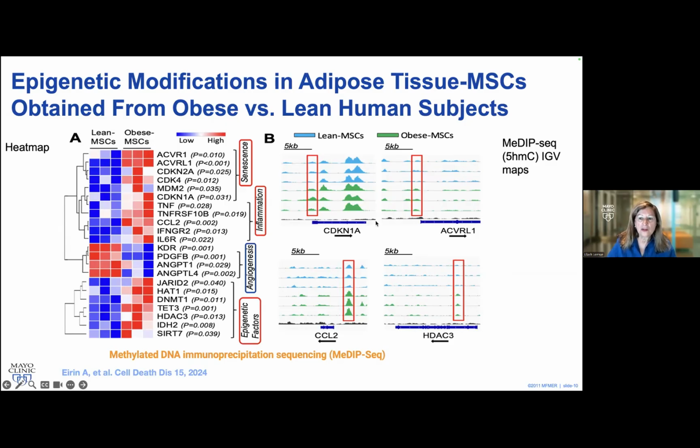On the right panel, you can see the corresponding Integrative Genomics Viewer, or IGV, maps of obese genes in green and lean genes in cyan.